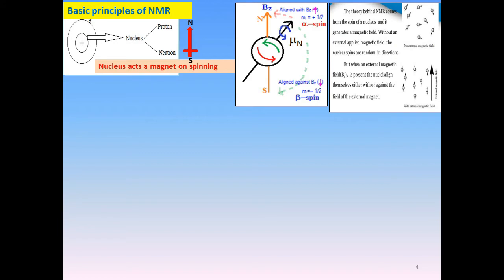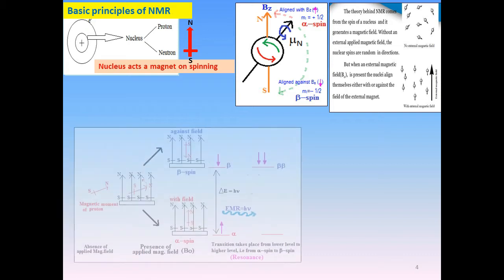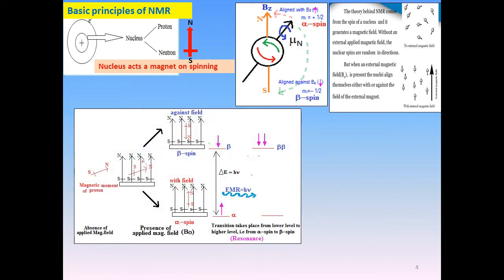So the theory behind NMR comes from the spinning of the nucleus, which generates a magnetic field. Without an external magnetic field, the nuclear spins are random in direction. But when an external magnetic field is present, the nuclei align themselves either with or against the field of the external magnet. So here comes the illustration of this principle.